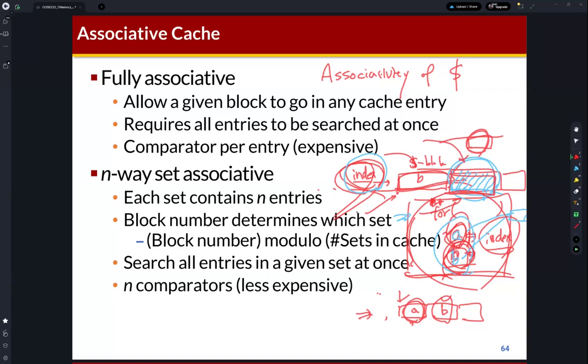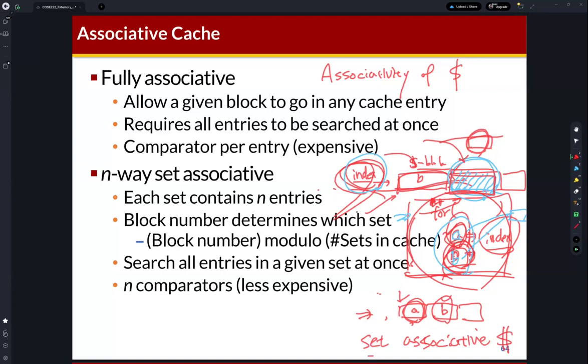This cache includes multiple slots for cache blocks, so we can include multiple blocks even though the index field is the same. So this cache is called the set associative cache.